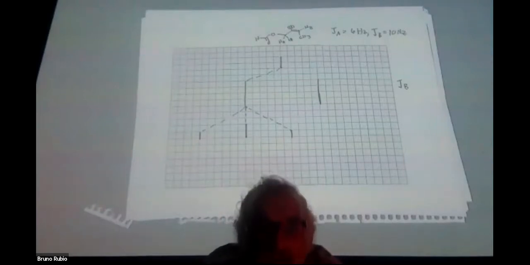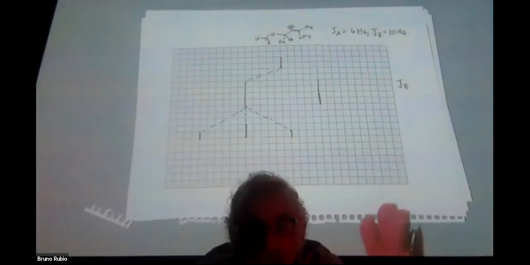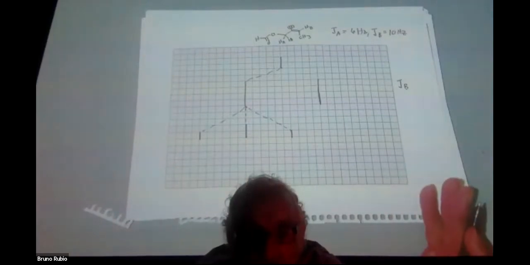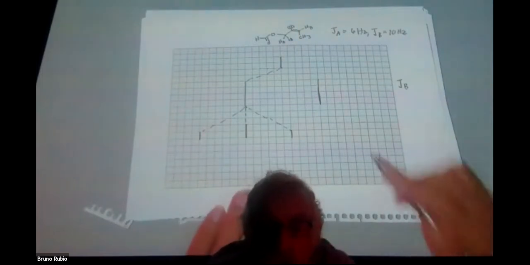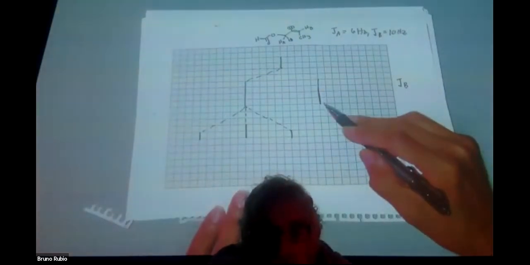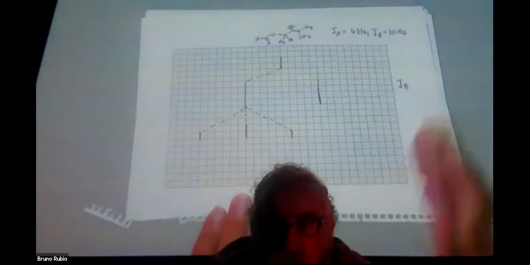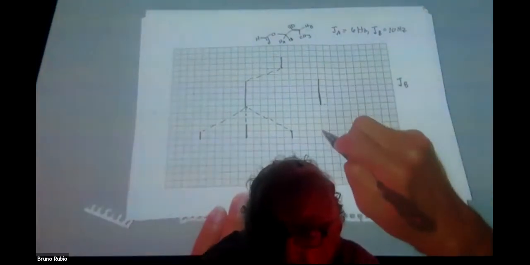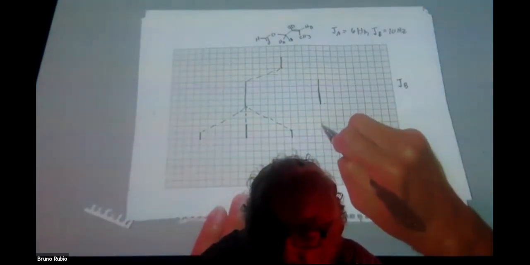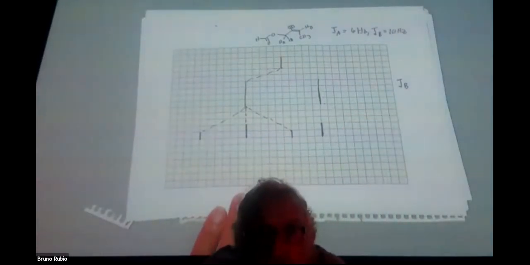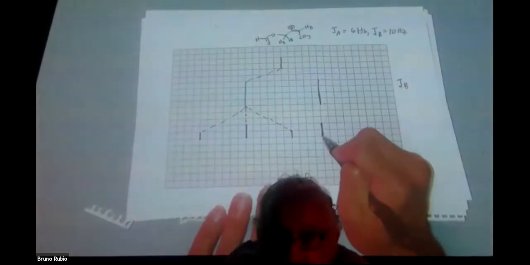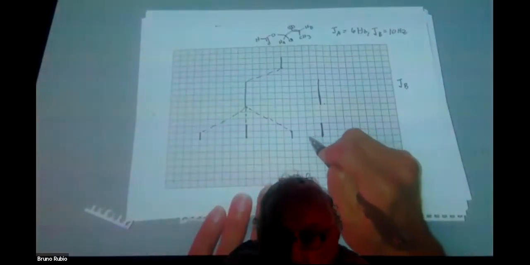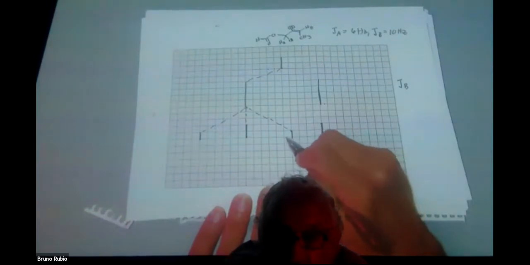Okay, now I'm going to do the very same thing with the other guy and split him into a 6 hertz triplet with a 1 to 2 to 1 intensity pattern. So the middle line of the triplet is going to be right underneath the previous line, and now I'm going to go out 6 to the left. 1, 2, 3, 4, 5, 6.